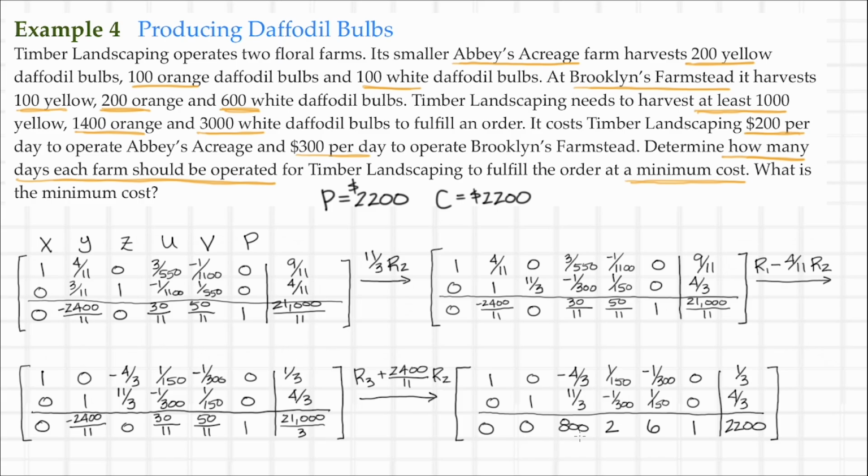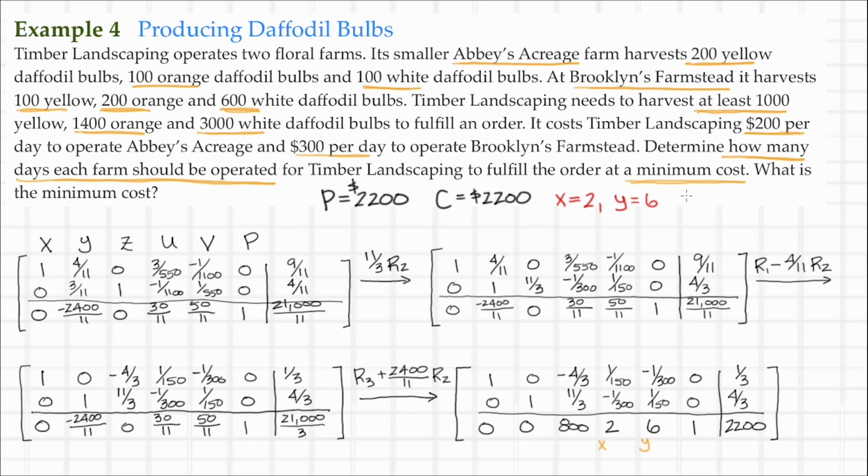So just going from left to right, here is Abby's right here, that's X, and here is Brooklyn's right there, that's Y. So right here, we have 2 days. Abby's acreage should operate for 2 days, and Brooklyn's should operate for 6 days. So X should be equal to 2, and Y should be equal to 6.